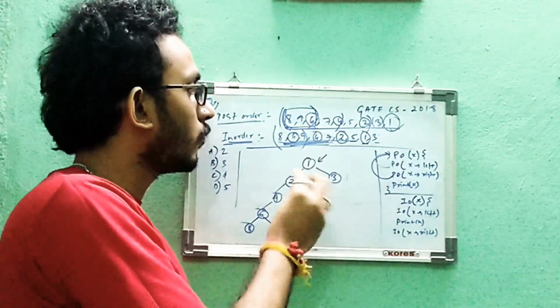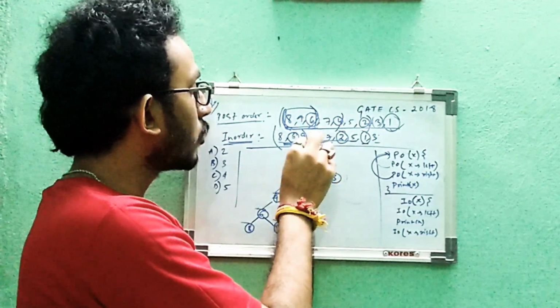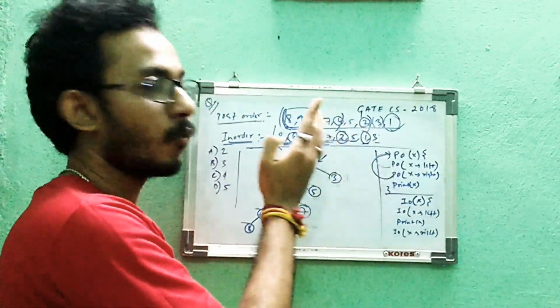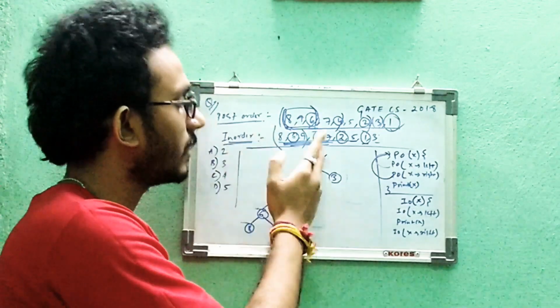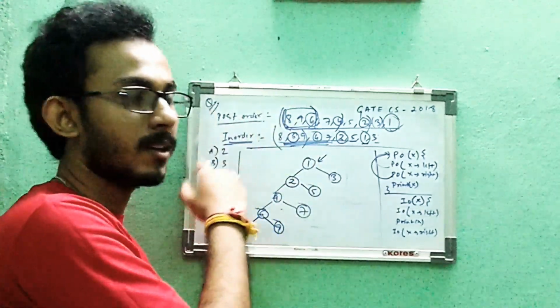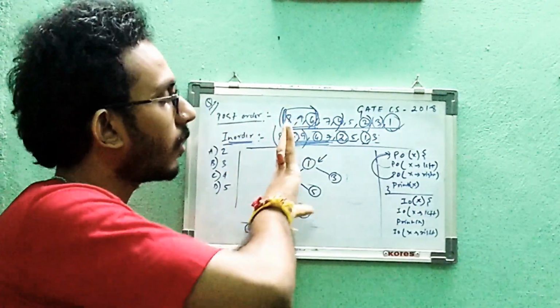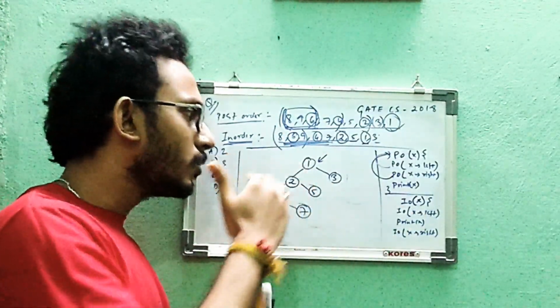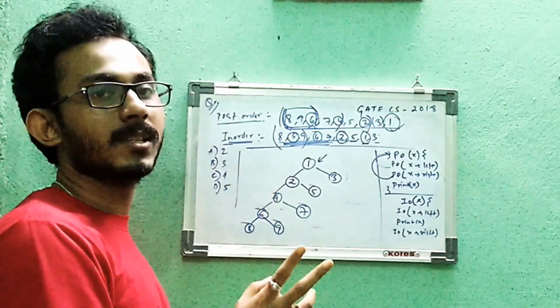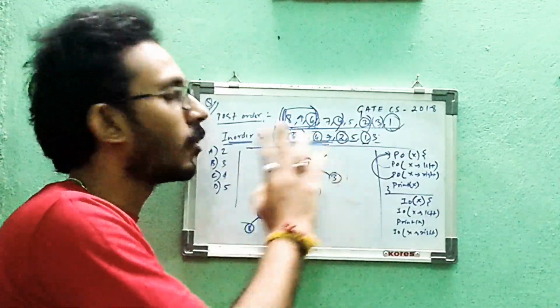Now once we can locate that root node in the in order traversal, we know that all the nodes which come on the left side in in order are the left child, and all the nodes which come on the right side in in order traversal are the right child. So using these two key points, I have constructed the whole tree.